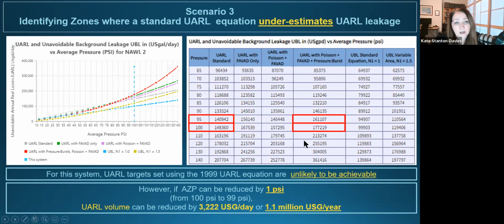So think of a UARL with SCF calculation not only as being useful for your smaller systems operating at lower pressures, but you can see here in larger systems operating at higher pressures exactly how you can use this software to show how much you could save in UARL leakage just by dropping pressures by small amounts.